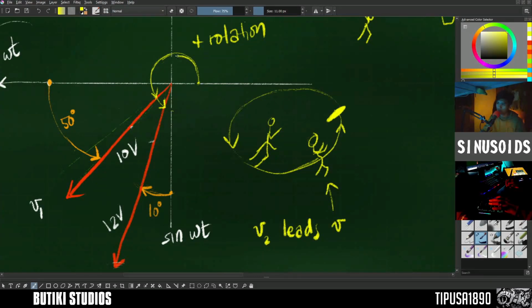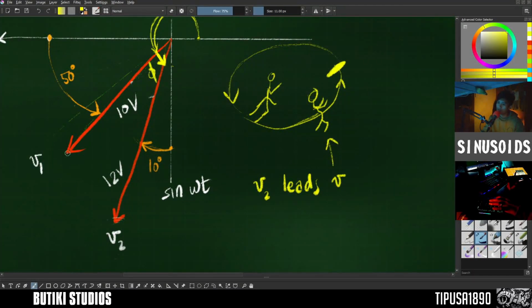So positive rotation, naigo diha, then nilahos dire. So kani nga arrow karon, gikan sa V1 padulong V2, that is your phase angle, the difference between V1 and V2.